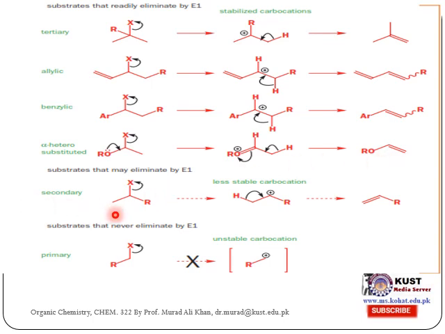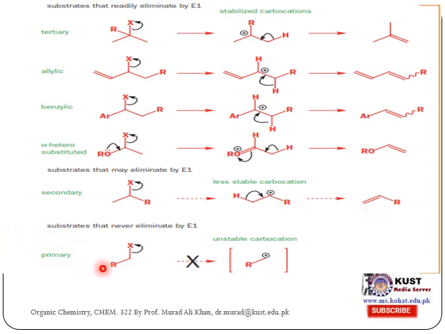Now the secondary halides. The secondary halides may undergo E1 reaction and may undergo E2 reaction depending upon the conditions. Here if you see the secondary carbocation, which is less stable, it may undergo E1 reaction or may undergo E2 reaction.